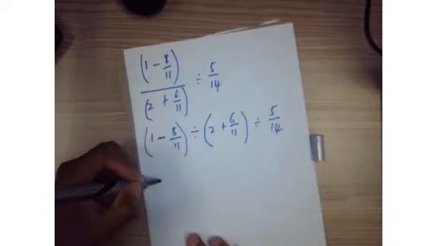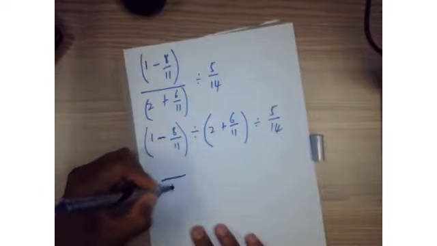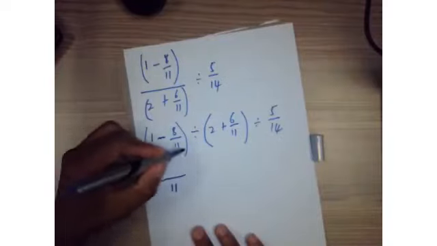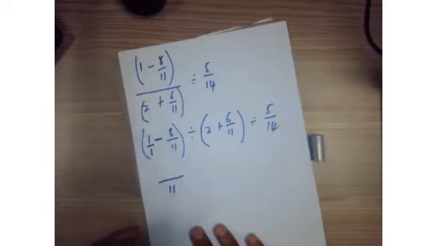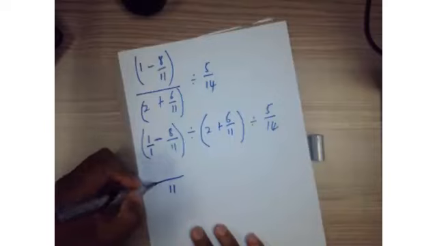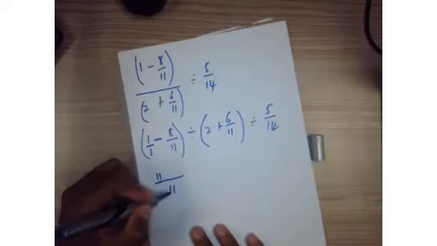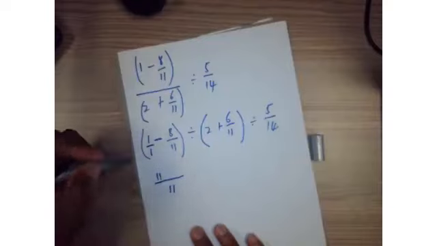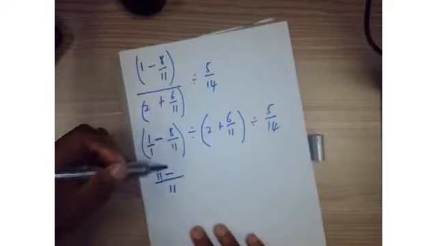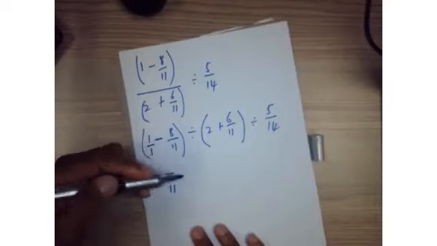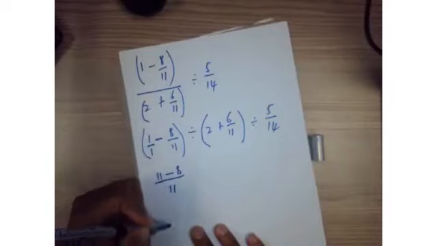What's in the bracket? 11 is my denominator in this equation here. Any number divided by 1 is that number. So this will be 11, which is 1 into 11, 11 times the number on the top. You take down the sign as is. 11 times 1, 8, right?